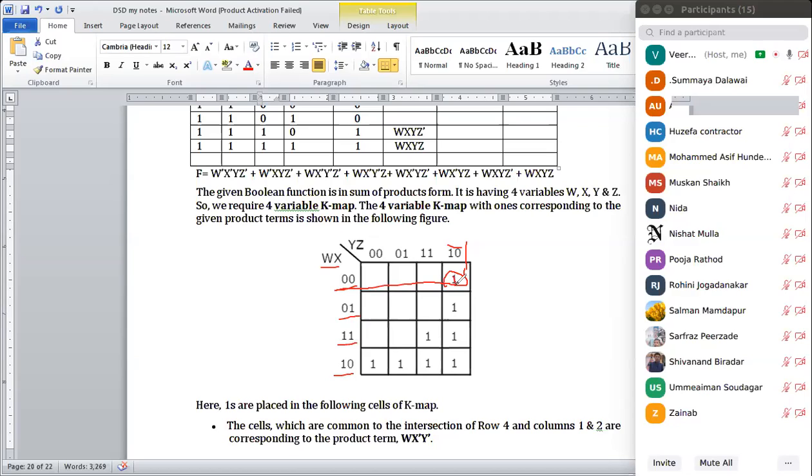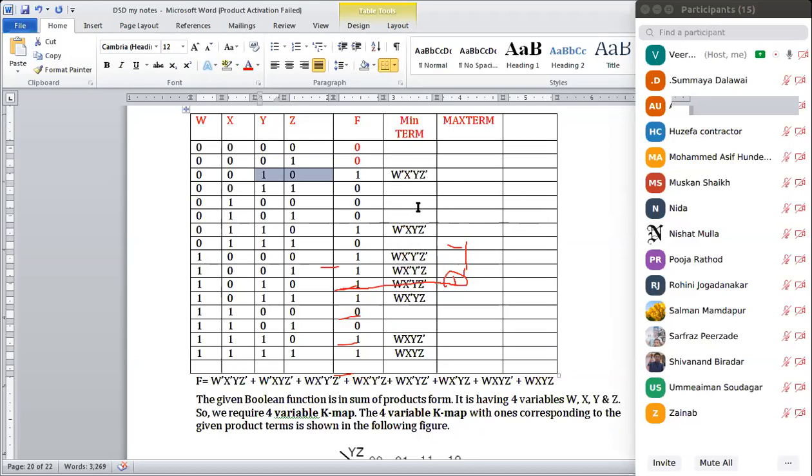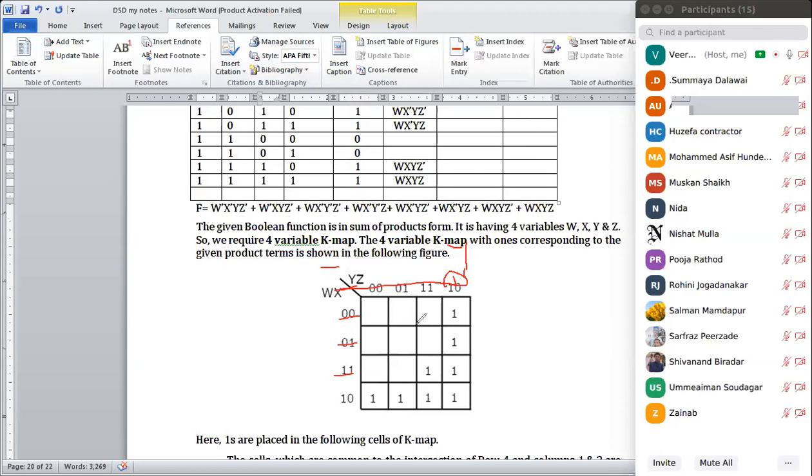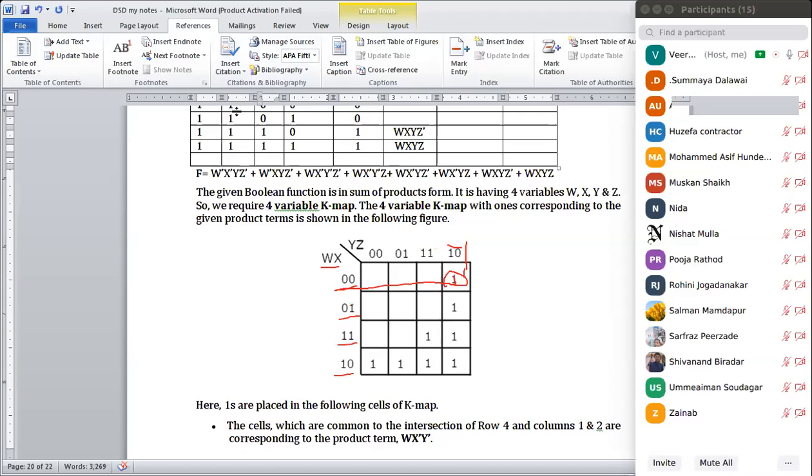Here I am going to write 1. Then what I have next? W bar X Y Z bar. Here I have 1. What is the input? 01 and 10. WX is 01, and where is YZ 10? Again the fourth column, second row, fourth column. Here I'm going to write 1.